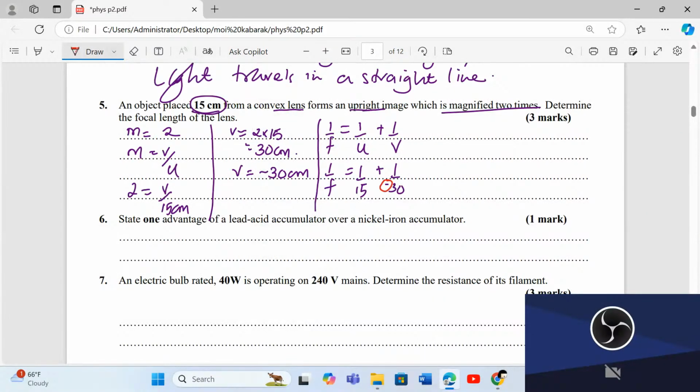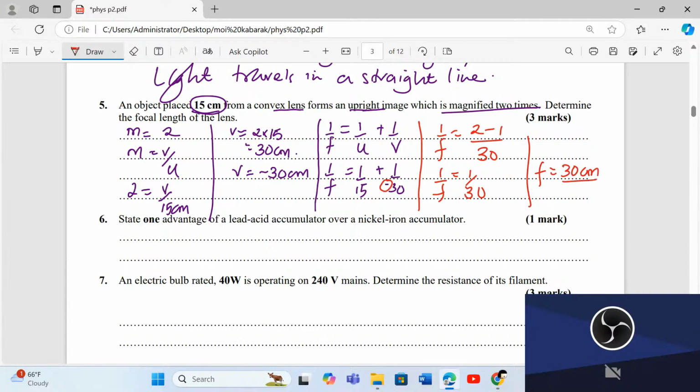We're supposed to see that negative 30. This will result in 1 over F is equal to 2 minus 1 over 30. Therefore, 1 over F is equal to 1 over 30. Therefore, our F is 30 centimeters.